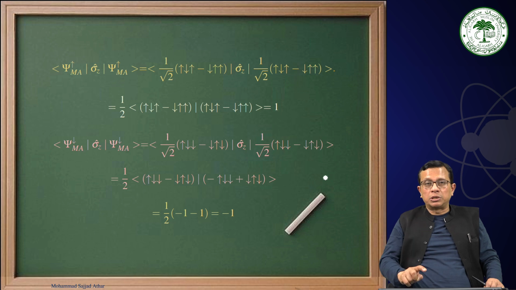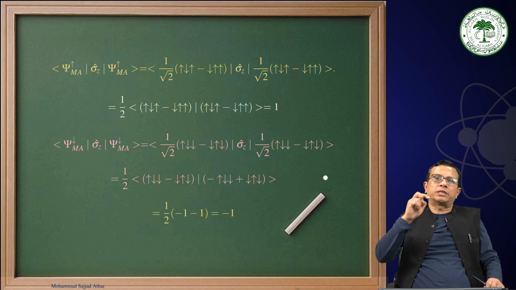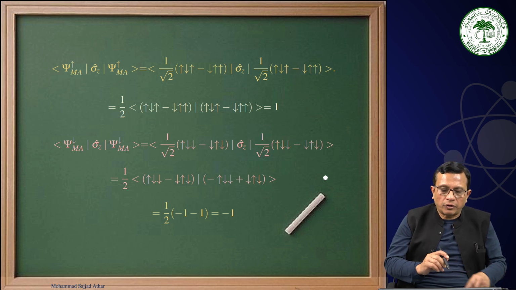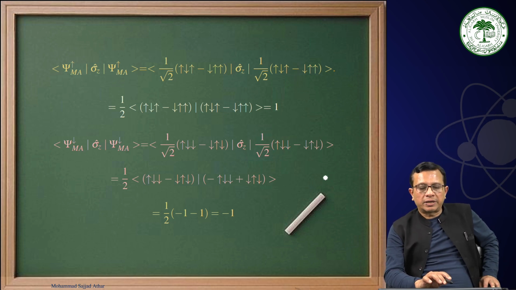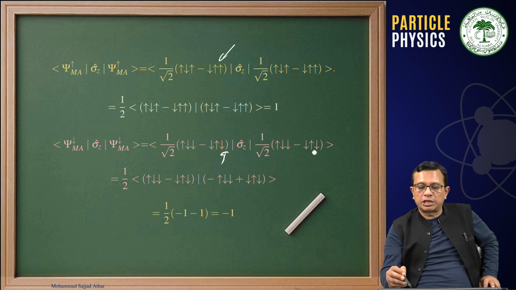Or if we want to stick with minus half for the neutron, then the spin projection will be minus half for the proton also. But here for completeness, I have also evaluated the expectation value when we have the mixed antisymmetric wave function. And as you can see, instead of up here, we have a down spin.